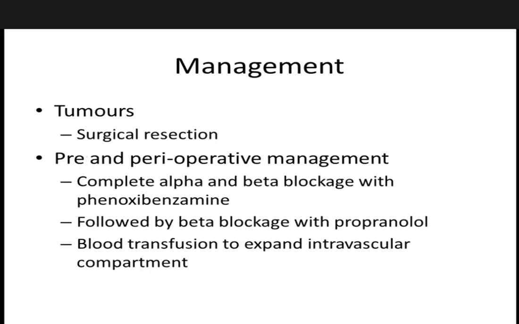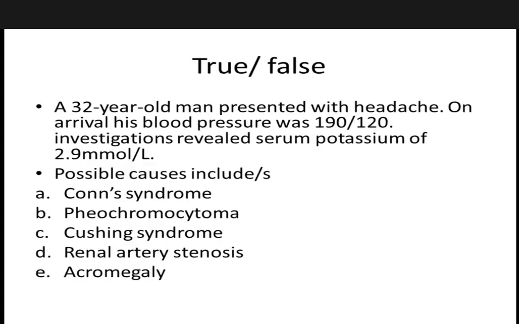Otherwise, you will block the beta receptors, but the alpha receptors will be open, and all the adrenaline and noradrenaline will act on alpha receptors, leading to a lot of problems. In addition, these individuals are volume depleted, and we should transfuse blood to expand the intravascular compartment during the perioperative period.